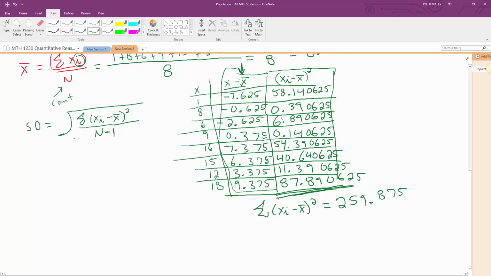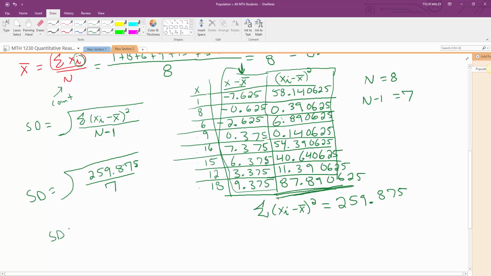So we have that. And I can also find n minus 1. I have 1, 2, 3, 4, 5, 6, 7, 8 data points, so if n equals 8, then n minus 1 equals 7. Now if I plug these values into the formula, we could estimate that.